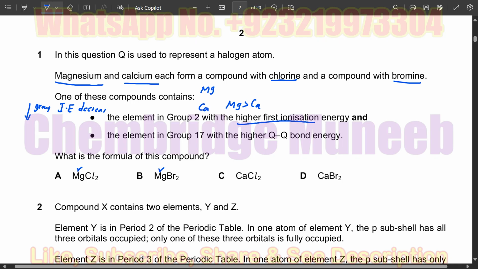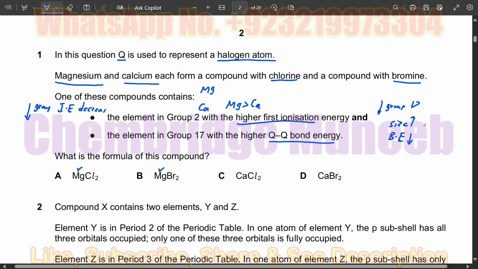The second point says that the group 17 element must have the higher Q–Q bond energy. Q is basically the halogen atom, so it indicates the bond energy between two atoms of the element Q. If we move down the group in group 17, the distance increases, the size increases, and that's why the covalent bond energy decreases.